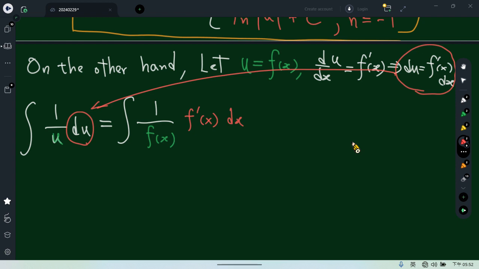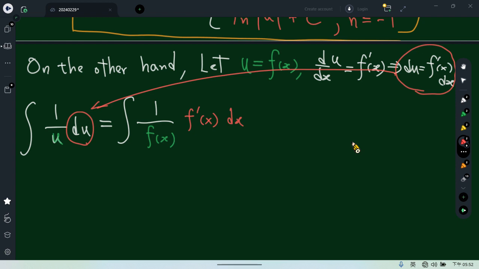Okay, we just step by step watch the result. 1 over u du, right? So I assume u is equal to f of x, right? As I told you, u always is denoted as some function of x. So it will be f of x.